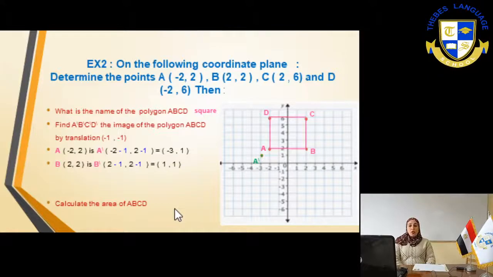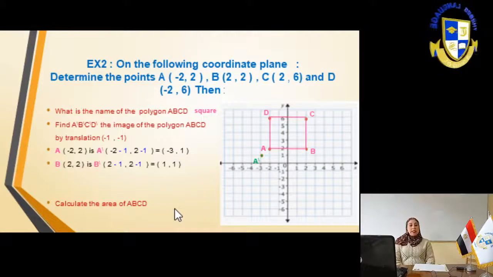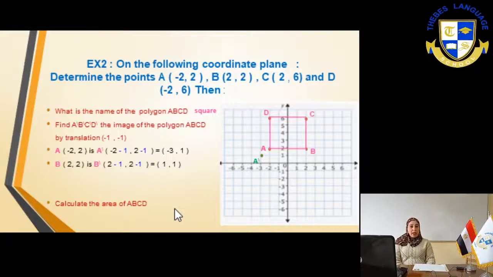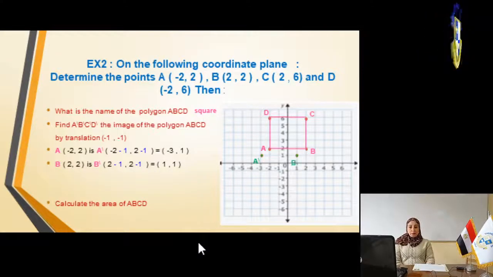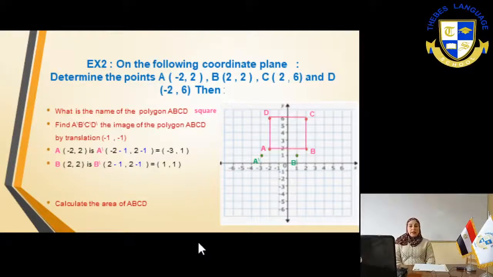Point B, 2 and 2. By the same way, using the same formula, it will be 2 minus 1 and 2 minus 1, which is 1 and 1. So, B dash equals 1 and 1. Plot the point. Letter C, 2 and 6. Use the same formula.